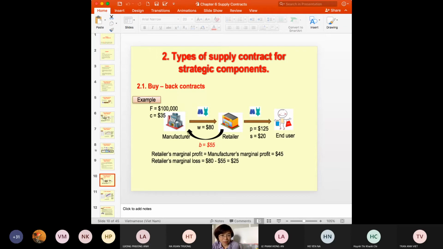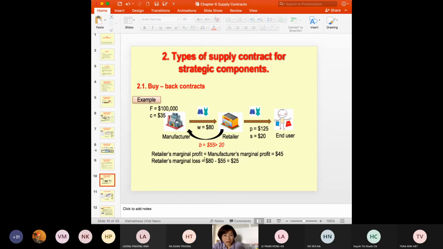The manufacturer sells at 80, and the retailer sells to the end user with the discount at $20, but the buyback price the manufacturer pays the retailer is higher, that is 55, greater than 20.